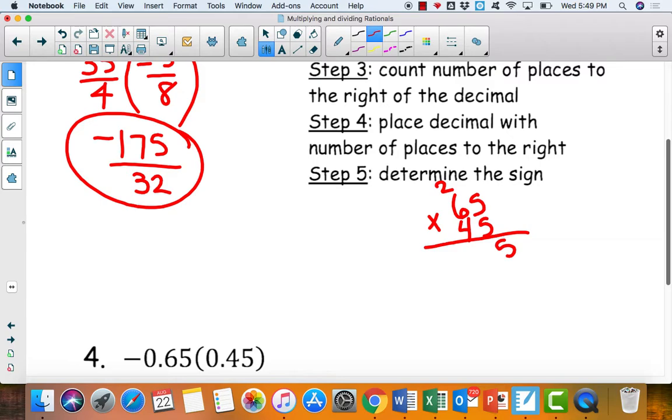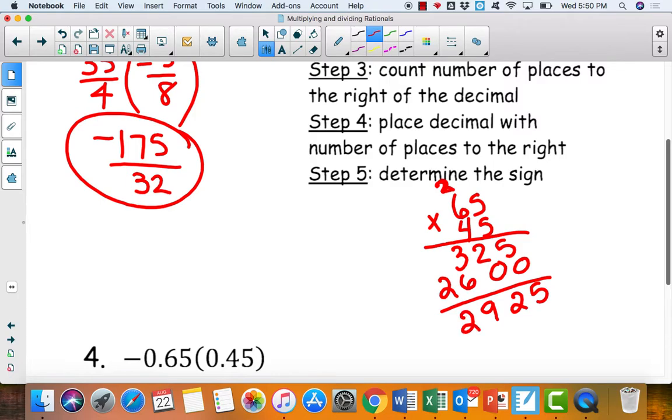Carry my 2. 5 times 6 is 30. Plus 2 is 32. Drop a 0. 4 times 5 is 20. Carry my 2. 4 times 6 is 24. 25, 26. And then I'm going to add 5 plus 0 is 5. 2 plus 0 is 2. 6 plus 3 is 9.